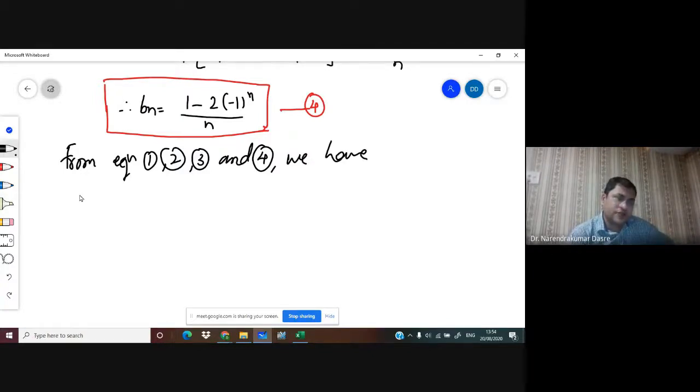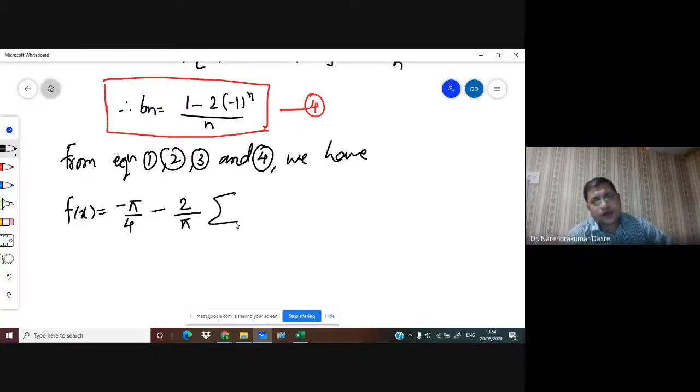Please be careful while writing the Fourier series. So f of x is equal to minus pi by 4 minus 2 upon pi summation 1 upon n square cos of nx. But this exists only if n is odd, so that's why we have to mention here that n is going to be odd.